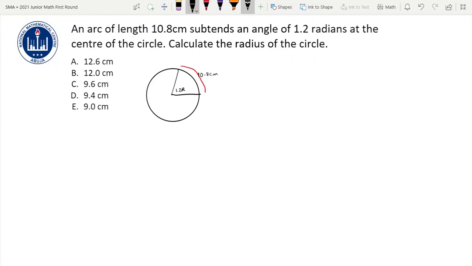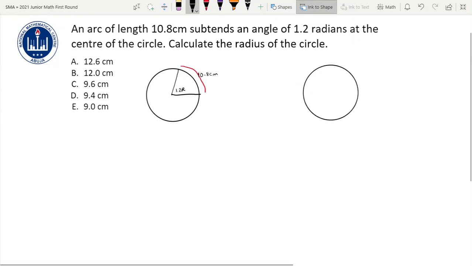Okay. So before we continue, I'll just talk about what the unit of measuring angles, radian, is. A radian is the angle such that the length of the arc that it subtends is equal to the radius of the circle. This will make more sense with a diagram. So let me draw another circle here and demonstrate what a radian is.